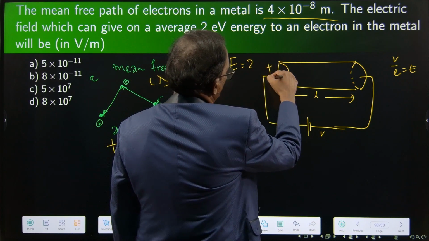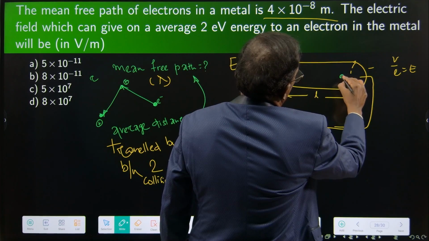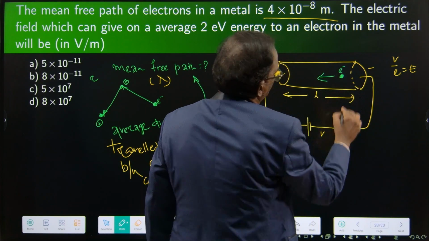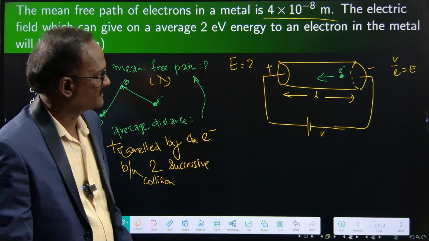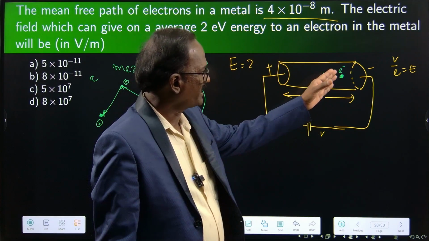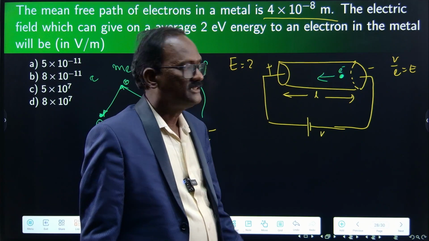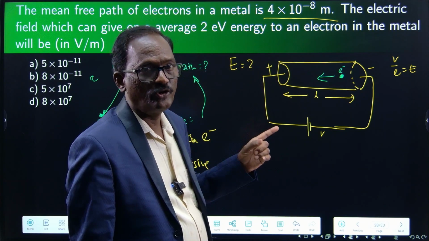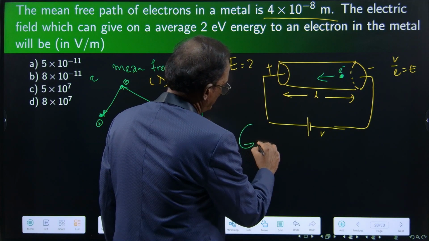This end is plus and this end is minus. The electrons move in this direction, against the direction of electric field, right? That means it is moving from lower potential to higher potential, so it gains energy.